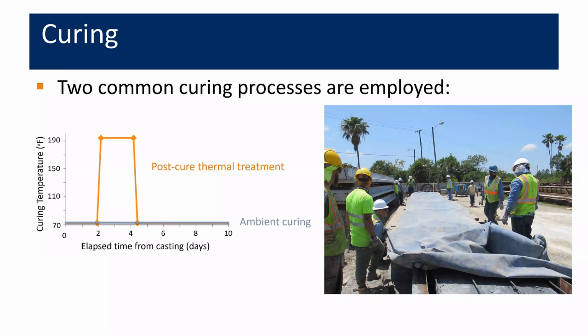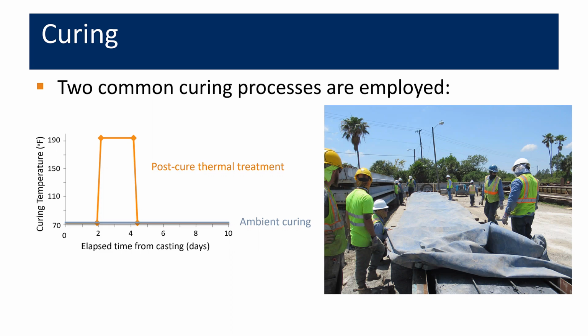Once you've got your concrete placed, there are two common procedures that are used for curing. Historically, with some of the UHPC materials on the market, the recommendation has been to apply a post-cure thermal treatment. The concrete is allowed to cure at least through 2 days, and then it's heated up to 190 degrees for 48 hours using steam.